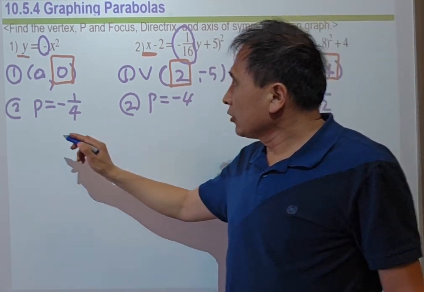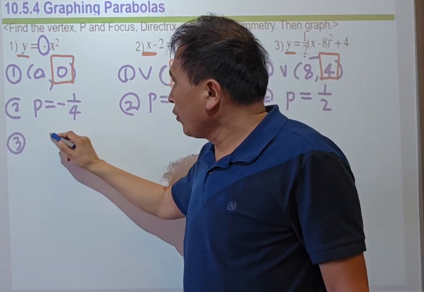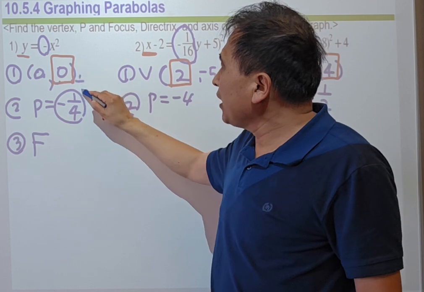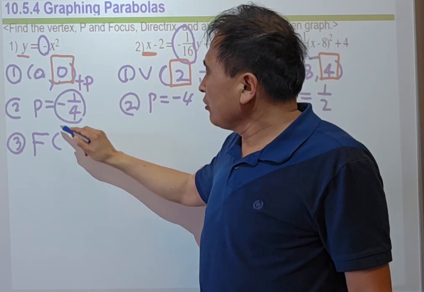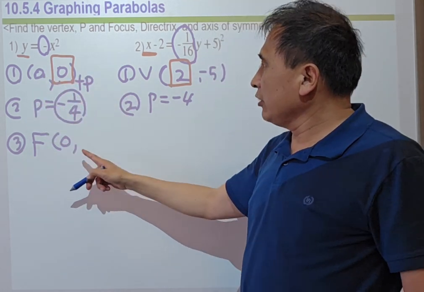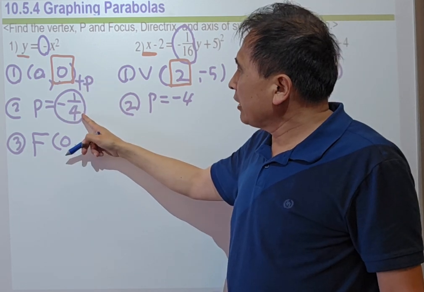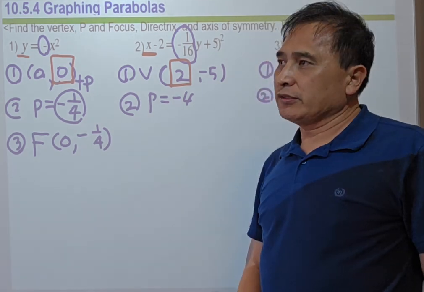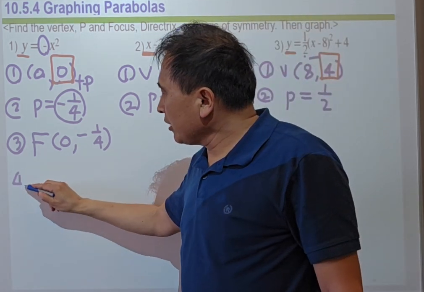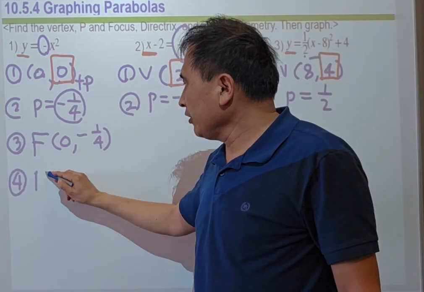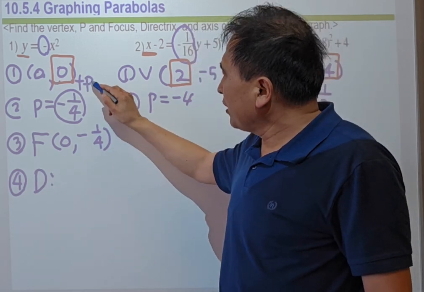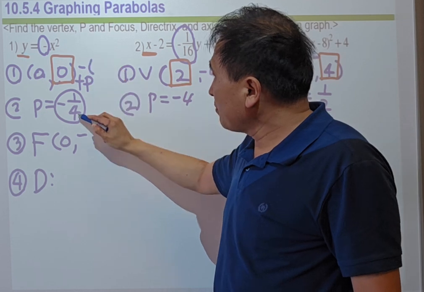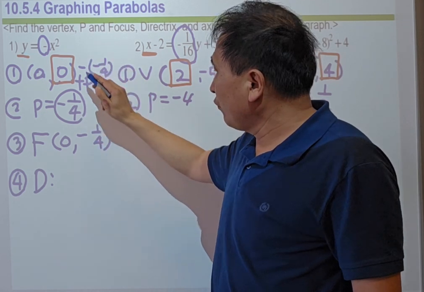So let's find the focus. From the boxed value, you add p. So the focus is the point where you keep the value 0 here, then add p, so you add -1/4: the focus is (0, -1/4). And the directrix is the line on the other side, so you subtract p from the boxed value. p is -1/4, so that becomes +1/4.